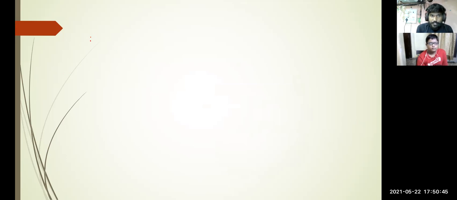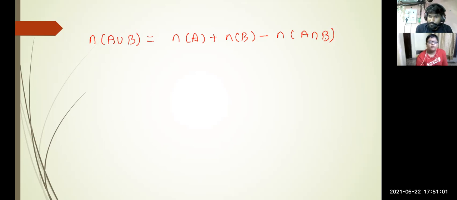Okay, so the formula which you just studied was n(A ∪ B) is equal to n(A) + n(B) − n(A ∩ B). Correct? Yes, sir. Now just take this minus n(A ∩ B) to the other side.